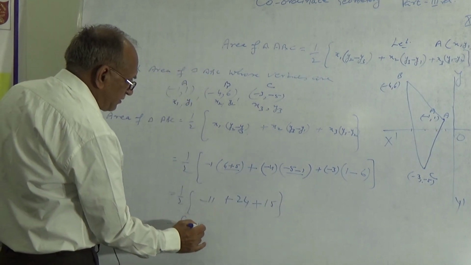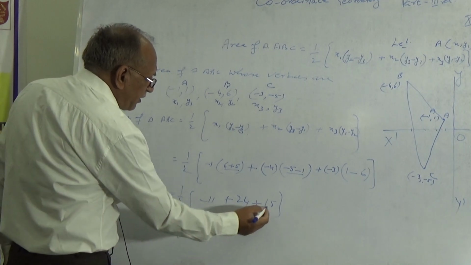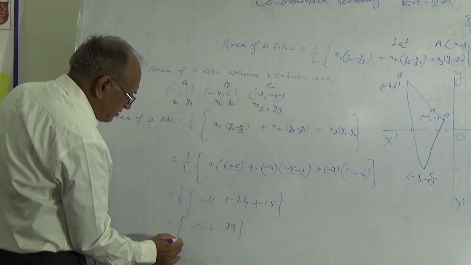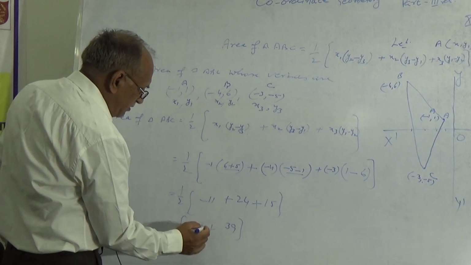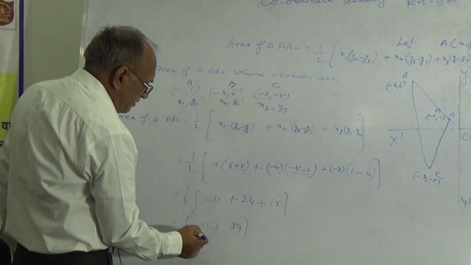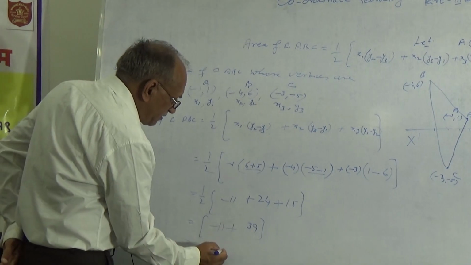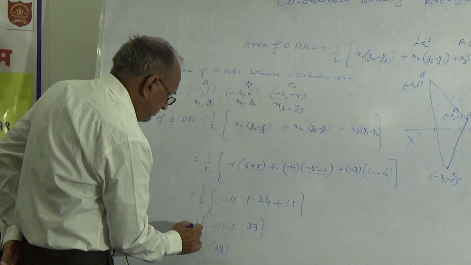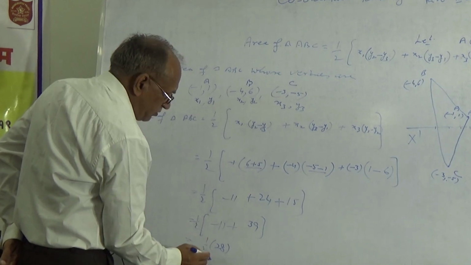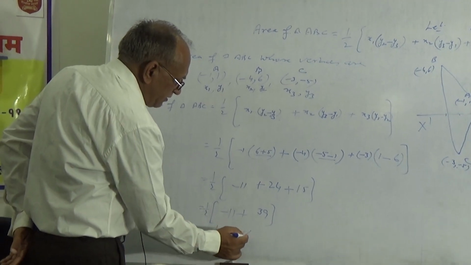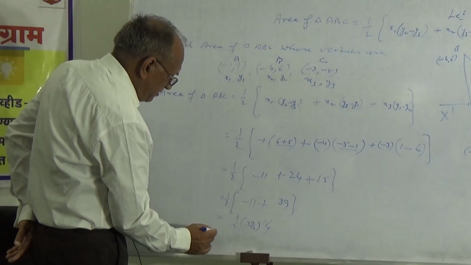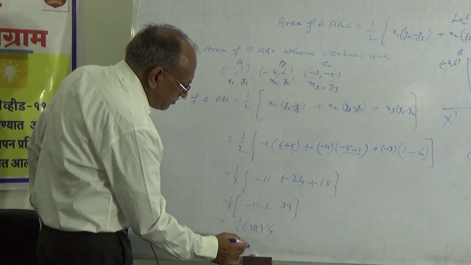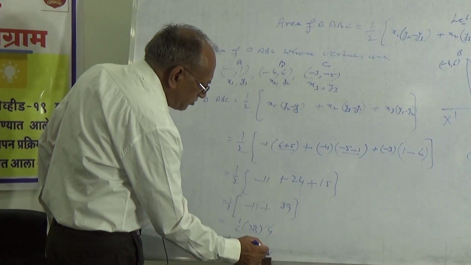Again -11 plus 15, 39, 39 में से -11 निकालेंगे 28. 1/2, this cancelled 14 square units.